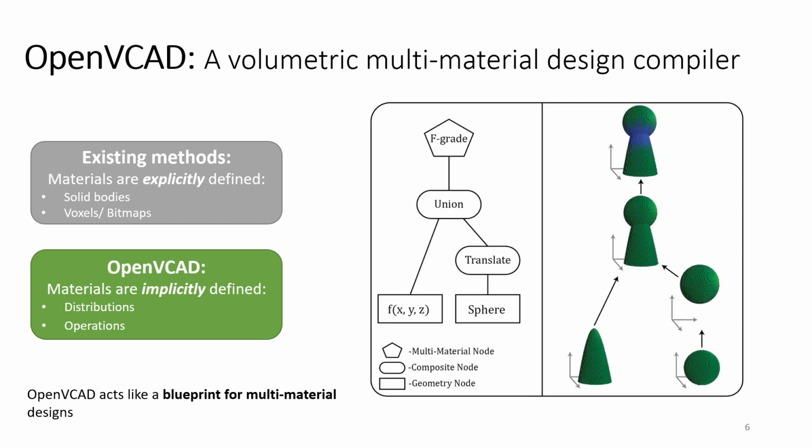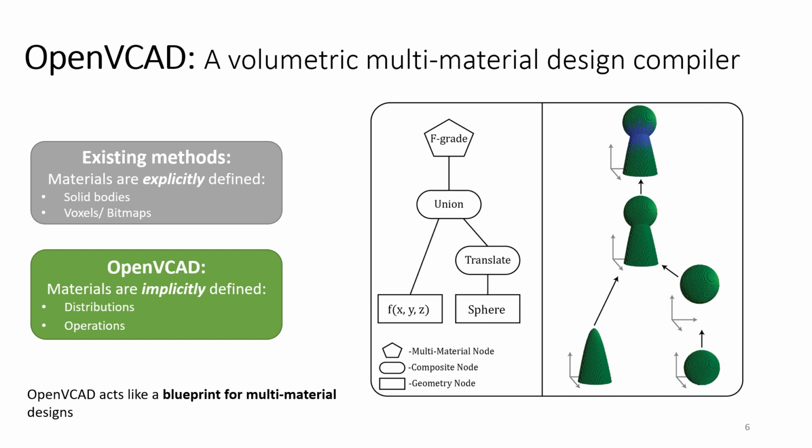So what does that look like? Well, this tree gives a good walkthrough of what we're conceptually doing. Very similar to something like OpenSCAD, the name similarity is intentional there, we use a compiled design. So we assemble things using constructive solid geometry with some extra nodes added on top of that. So in this case, we're able to use different leaf geometry nodes, so a sphere or a cone.